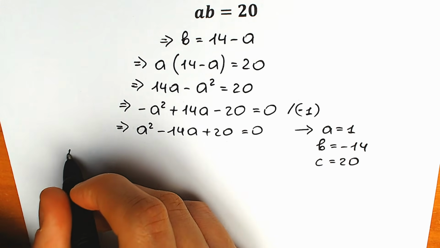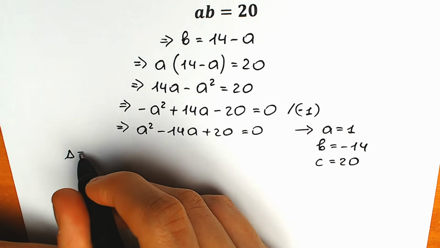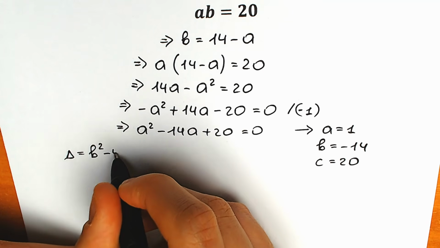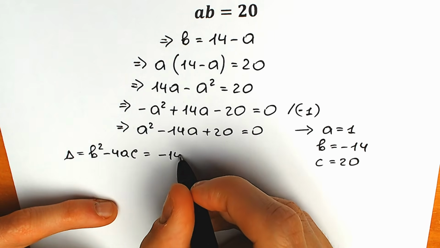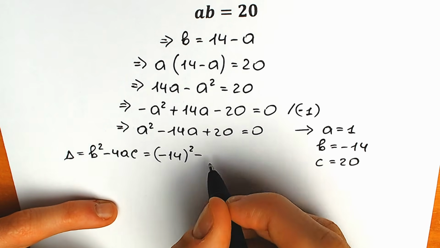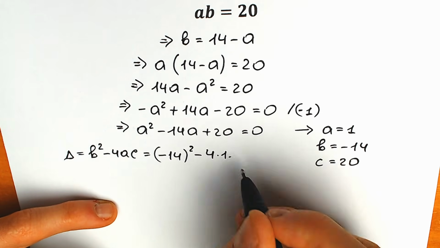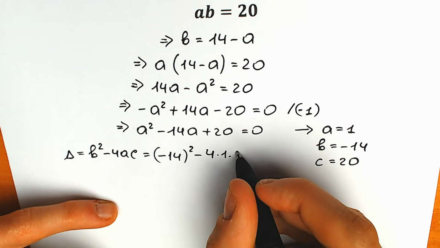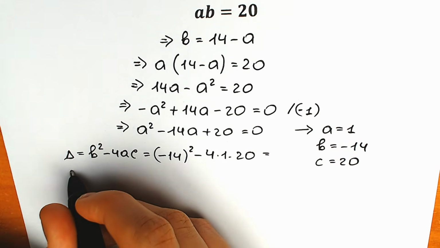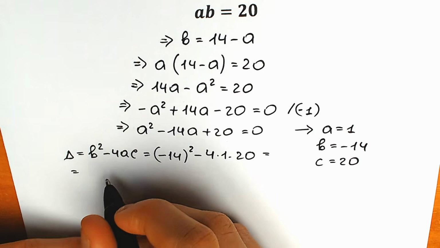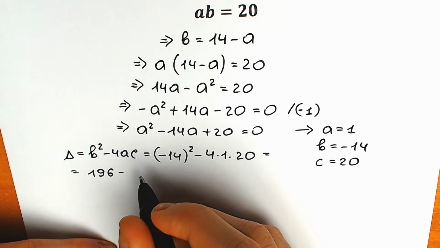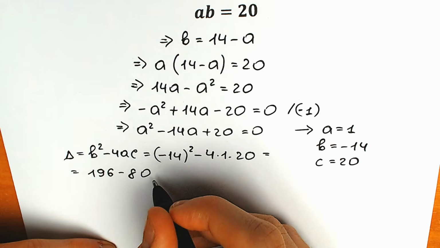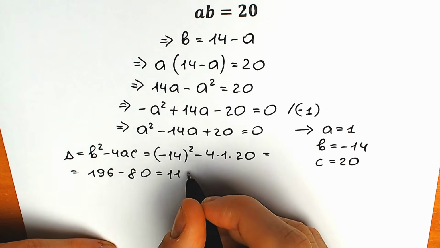Let's start, for example, with the discriminant. Discriminant equals b squared minus 4ac, so minus 14 squared minus 4 times 1 times 20. Minus 14 squared, this is our table case, is 196, minus 4 times 20 equals 80. So our discriminant is equal to 116.